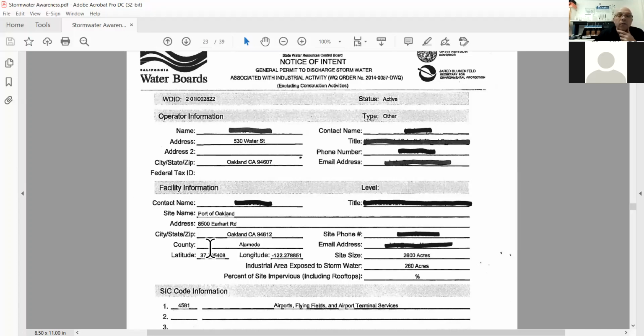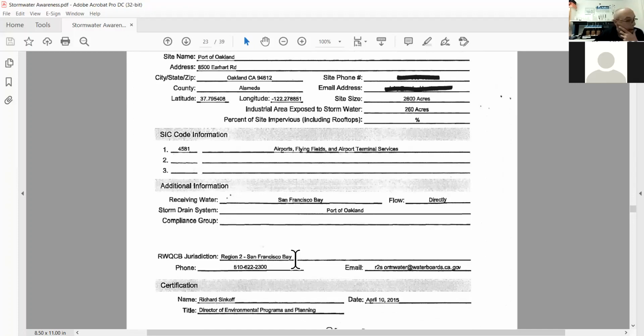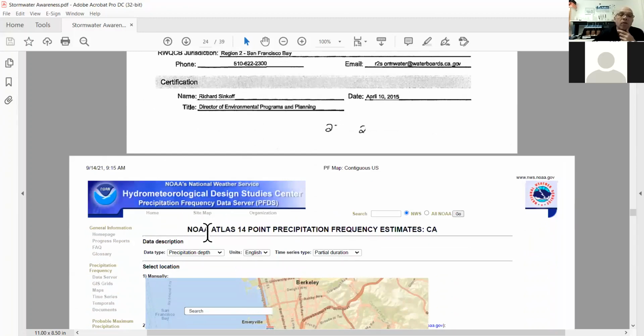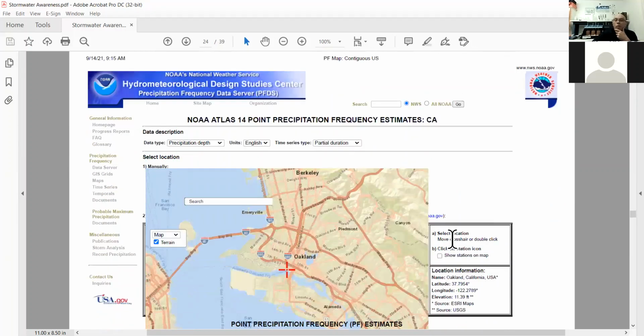Rainfall amount is found using the latitude and longitude and by going to NOAA 14-point precipitation frequency estimates. So this website, you type this in, and when it opens up, it's going to show you a map of the United States. You click on California. At the top of the map, it will have two fields to fill in, your latitude and longitude, and you will submit that.